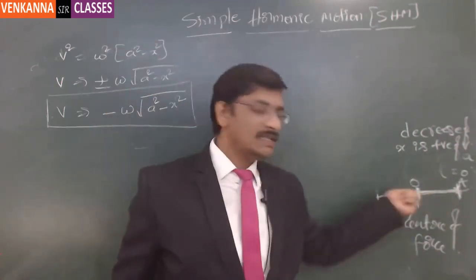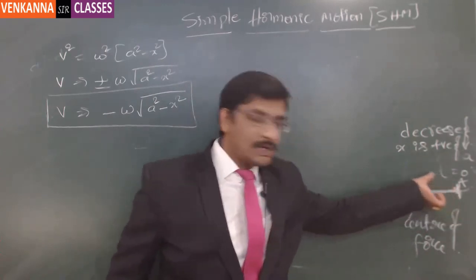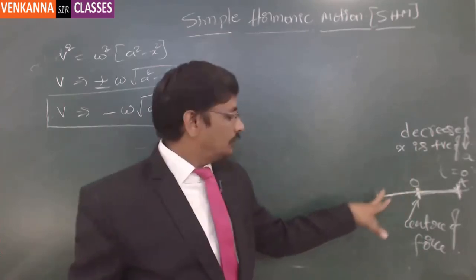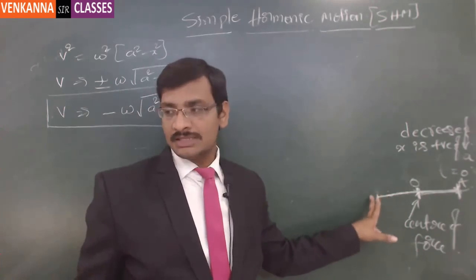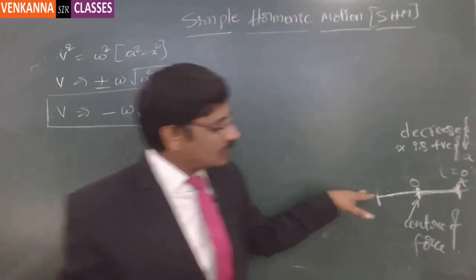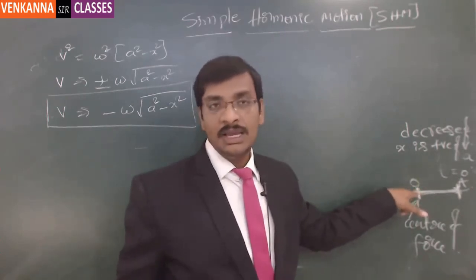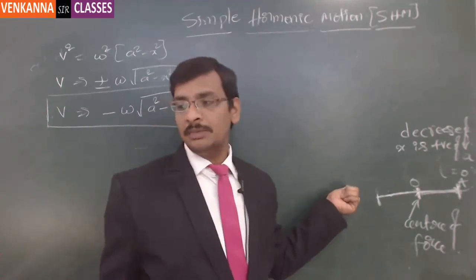So x is decreasing initially, so it started at this location, x keeps reducing and the velocity goes in the positive direction. Now when the particle comes to the extreme end of the other side, it starts moving towards the right direction, which is the increasing direction of x. But initially the left side direction of the velocity we treated as positive.